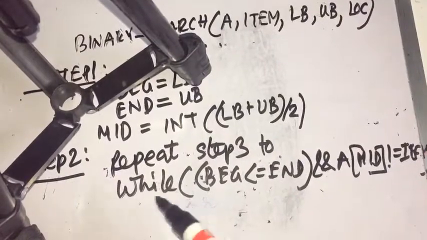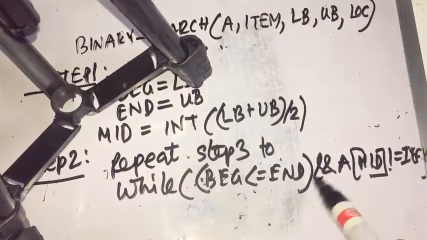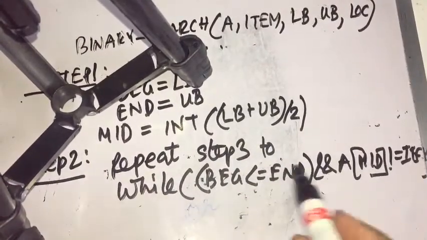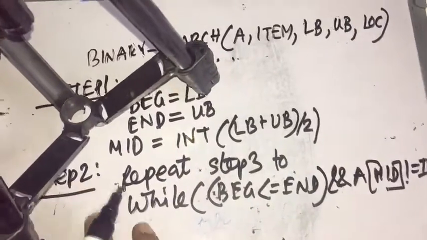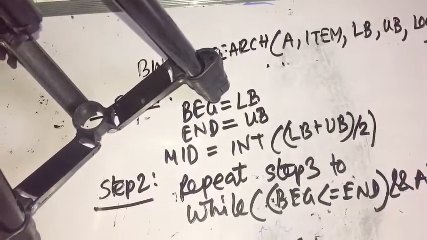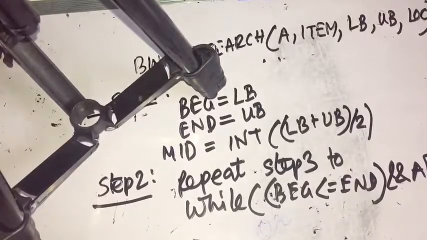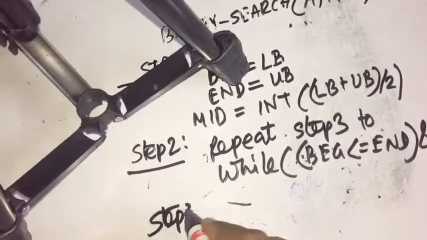So these are the two criteria: beg less than or equal to end and A of mid not equal to item. Then we enter the body of the while loop.